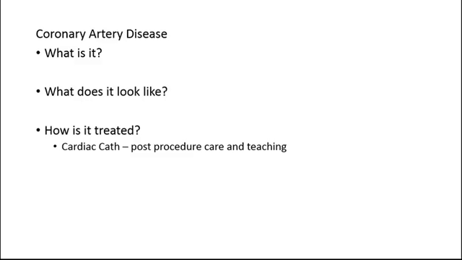What does it look like? Well, you could have no symptoms whatsoever, or you could have some. Usually it's angina. You may have some shortness of breath, fatigue, lightheadedness, or palpitations. Oftentimes, coronary artery disease is diagnosed when a person has the complication from it, which is a myocardial infarction.